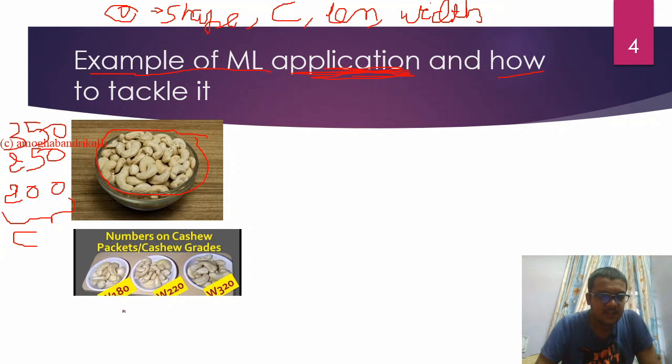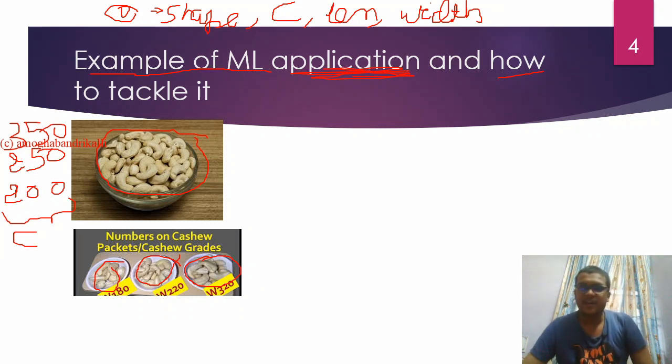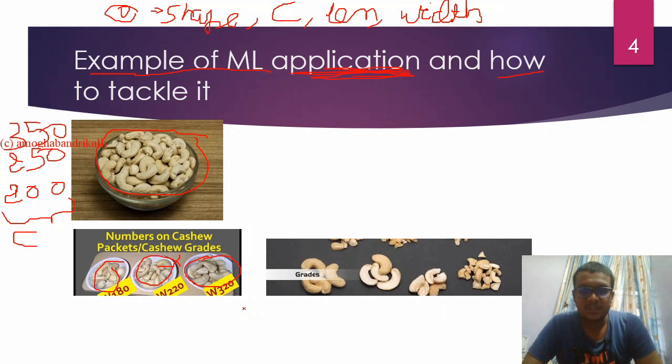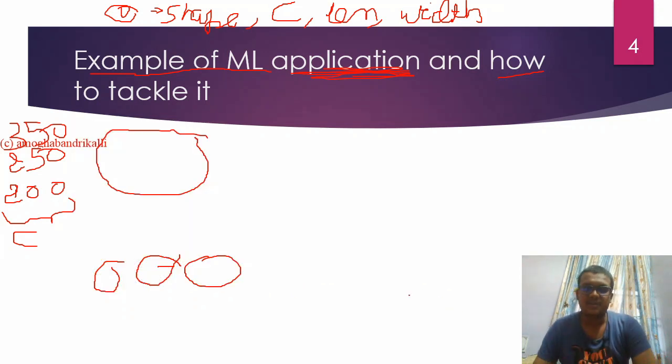You can see 220, 320, 180 cashew nuts. You can observe the size and shape of the cashew nuts here. All will look white in color, but there will be a difference in length, diameter, radius. Everything will be different. So the grading is going to happen here.